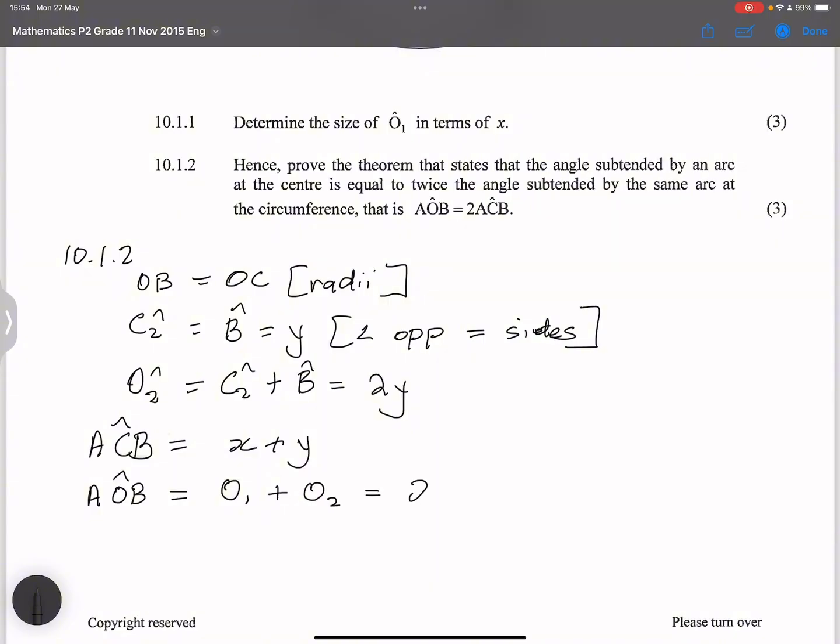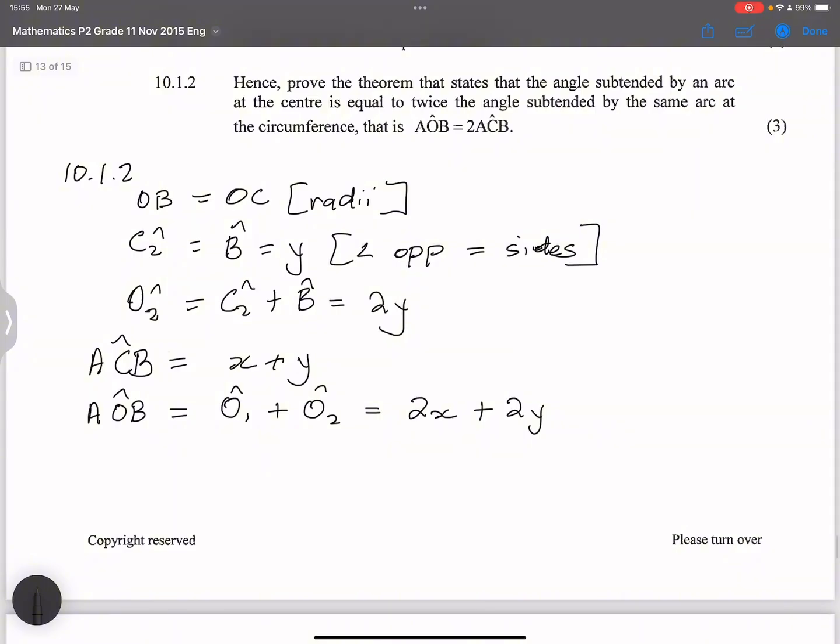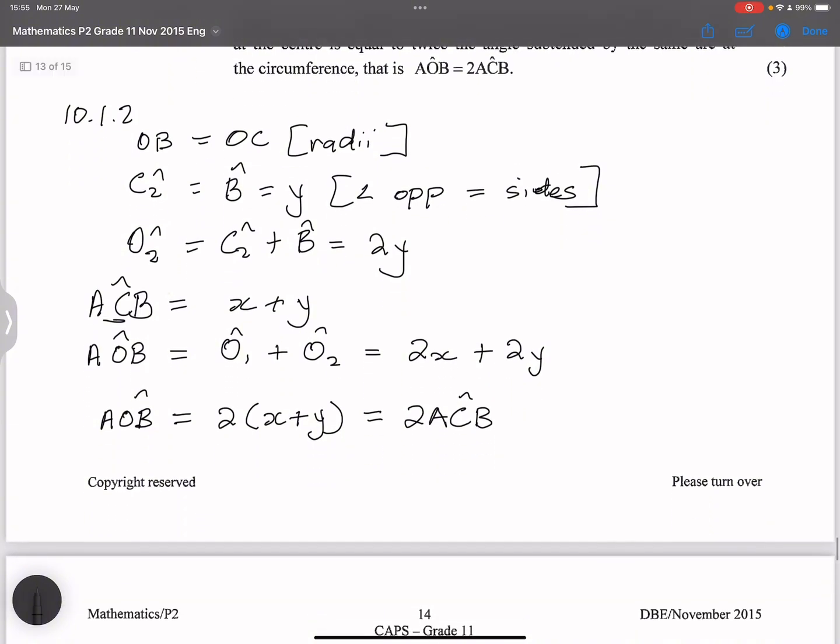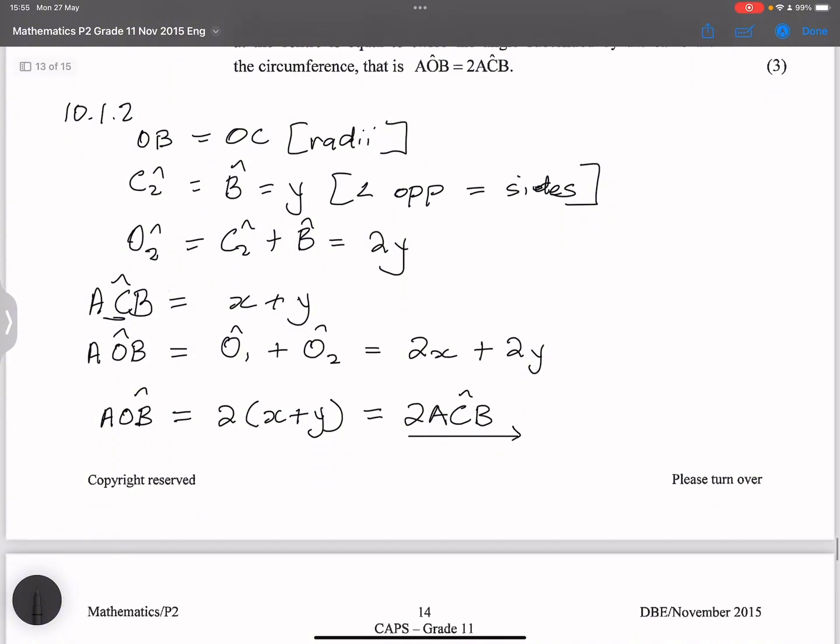It is 2x. And what's the value of O2? O2 is 2y. So now if I look at AOB, this is equal to 2 times x plus y, but you notice x plus y is ACB. So it is 2 times angle ACB. So we have now proven that angle at center is twice angle at circumference.